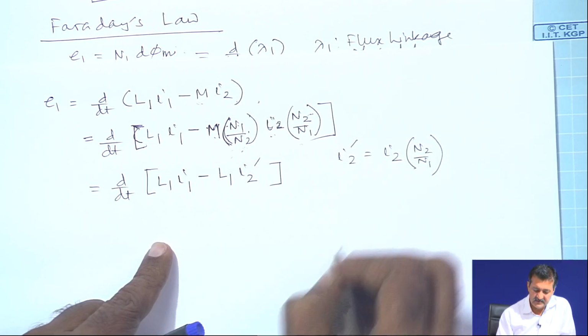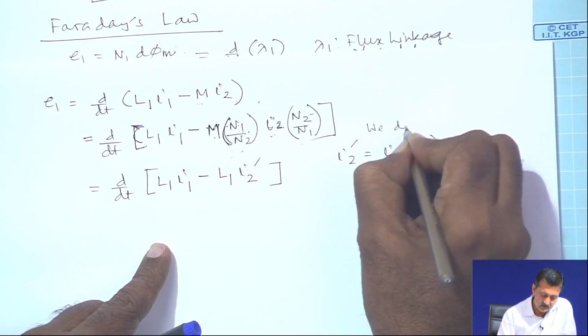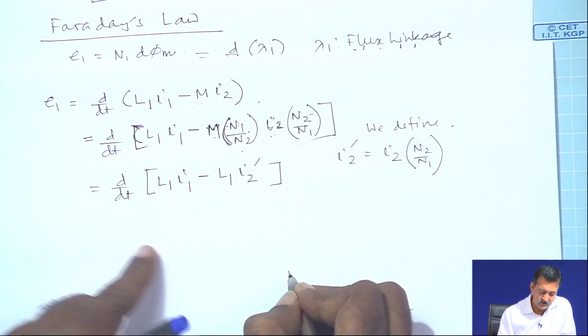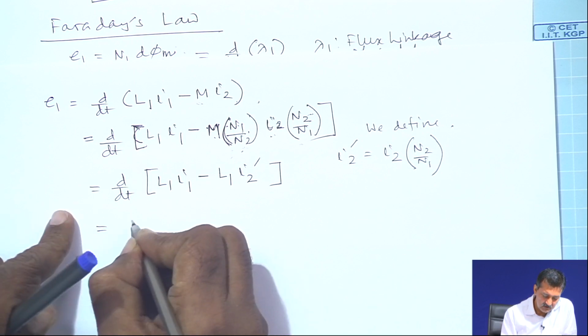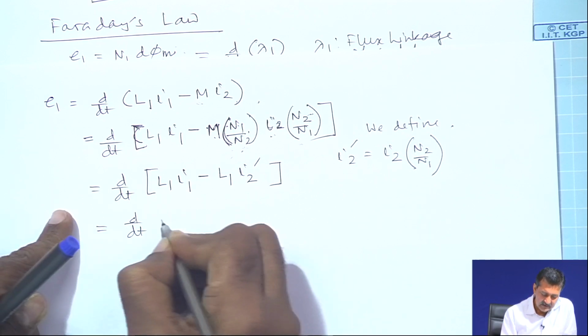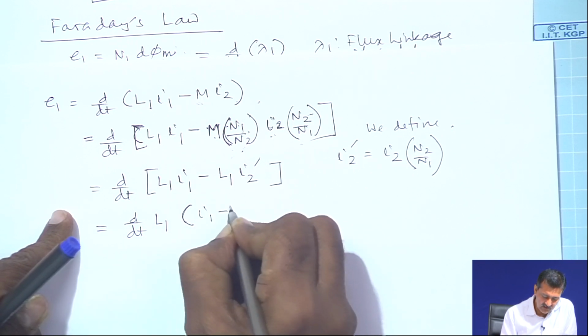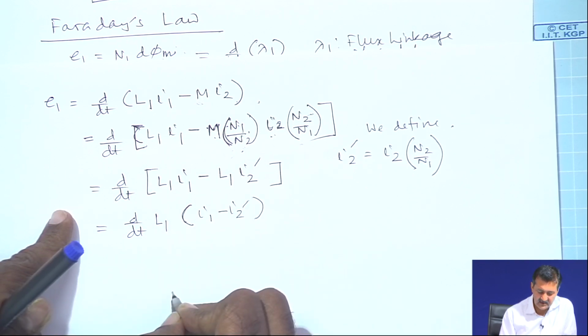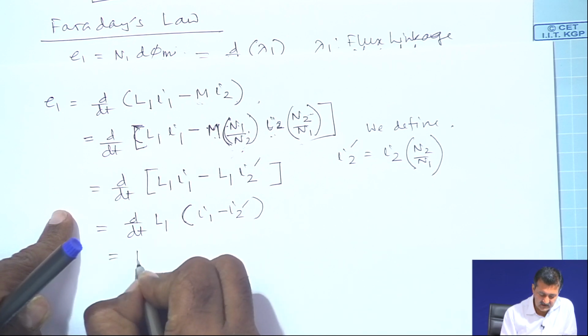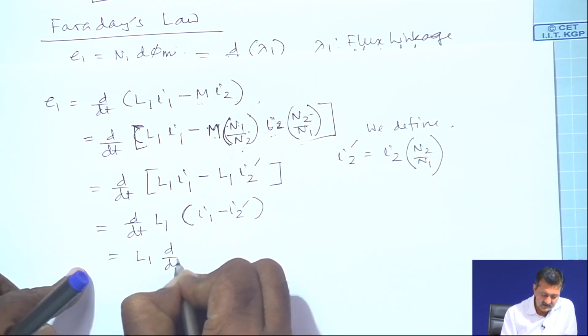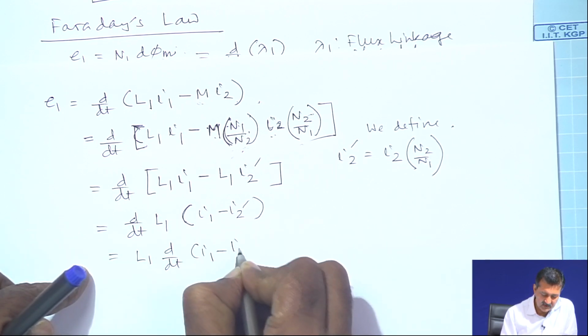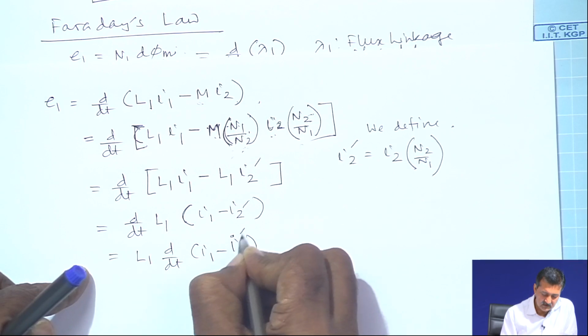So, this is equal to d dt of L 1 into I 1 minus I 2 dash, which we can think of as L 1 d dt of I 1 minus I 2 dash.